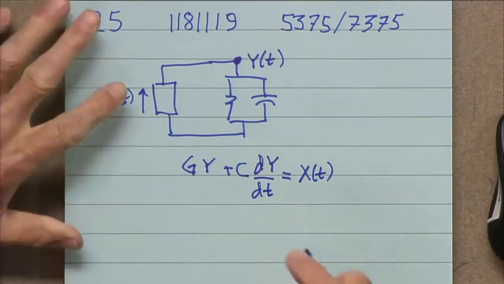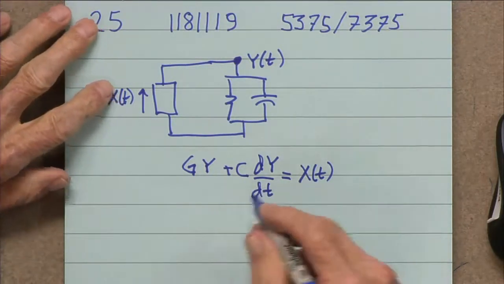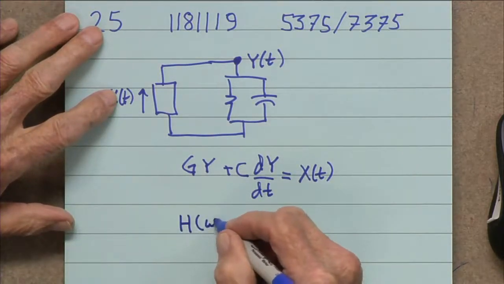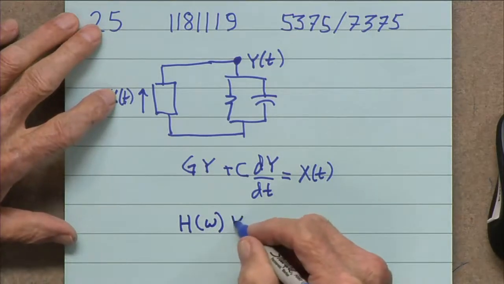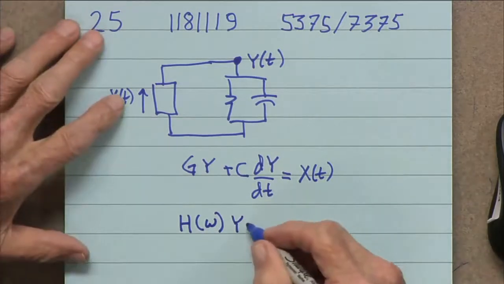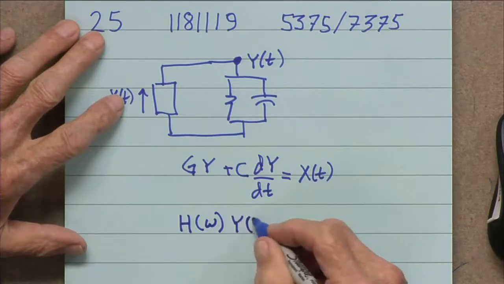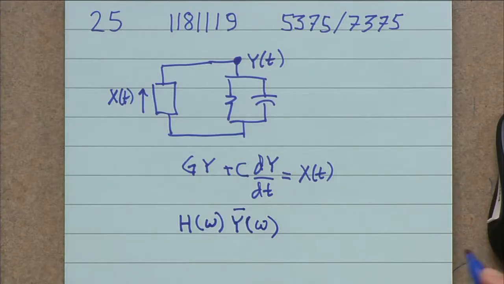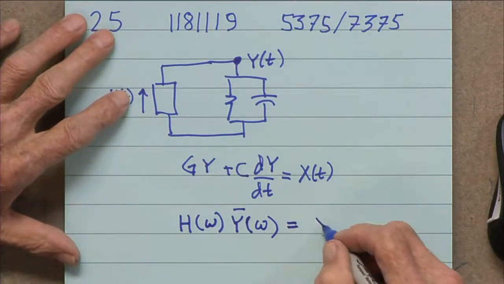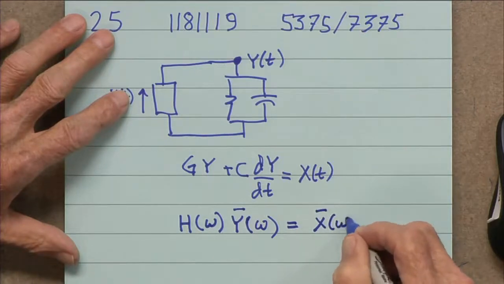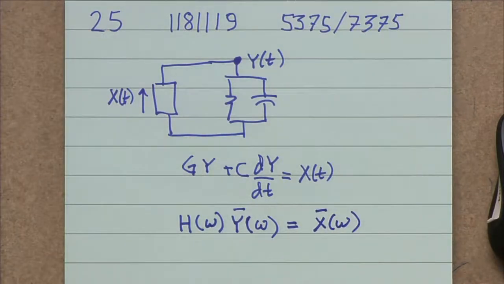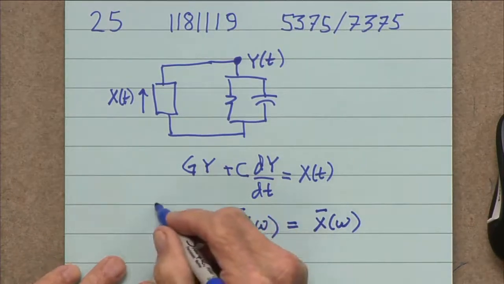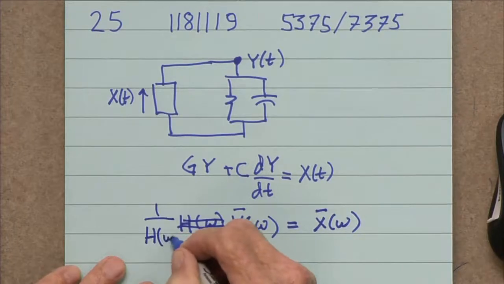And so we take the Fourier transform, we get something like H of omega times y bar of omega, the Fourier transform, equal to the Fourier transform of the input. And so that should be 1 over H of omega.